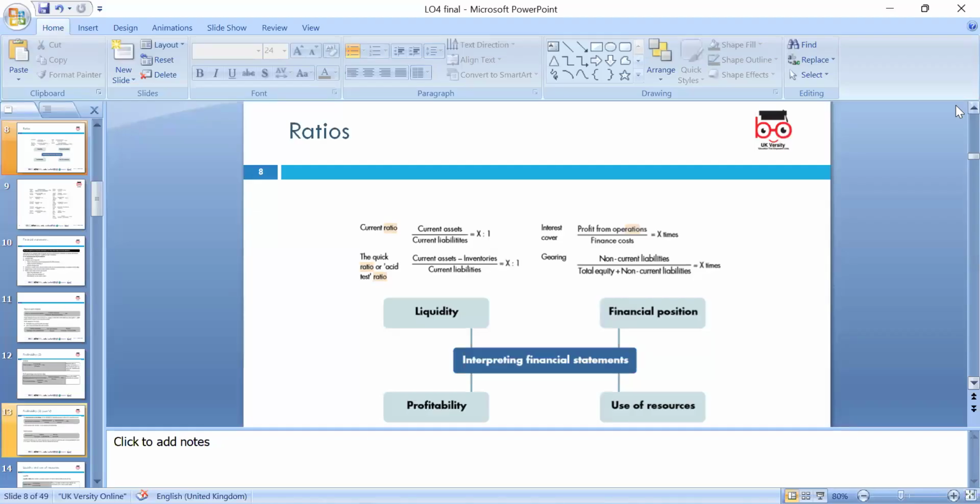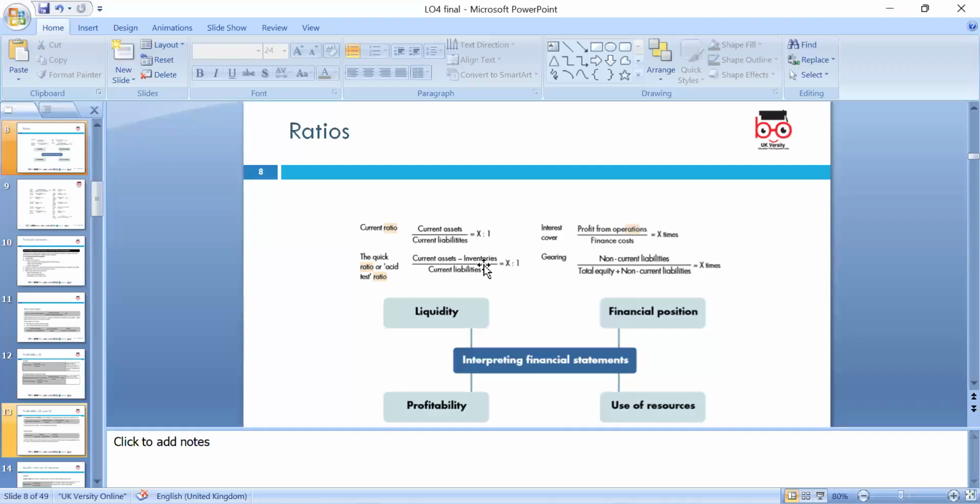Then we look at the financial position, the profitability, and the use of resources. These are very important ratios that we need to interpret.